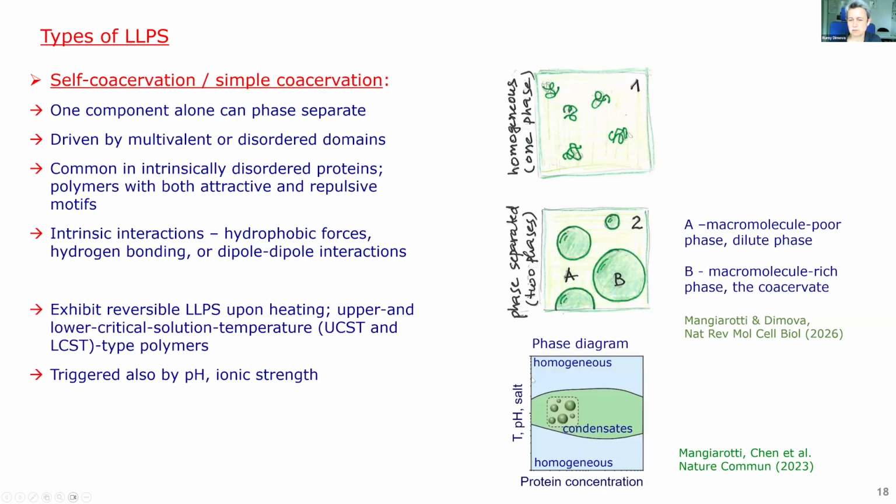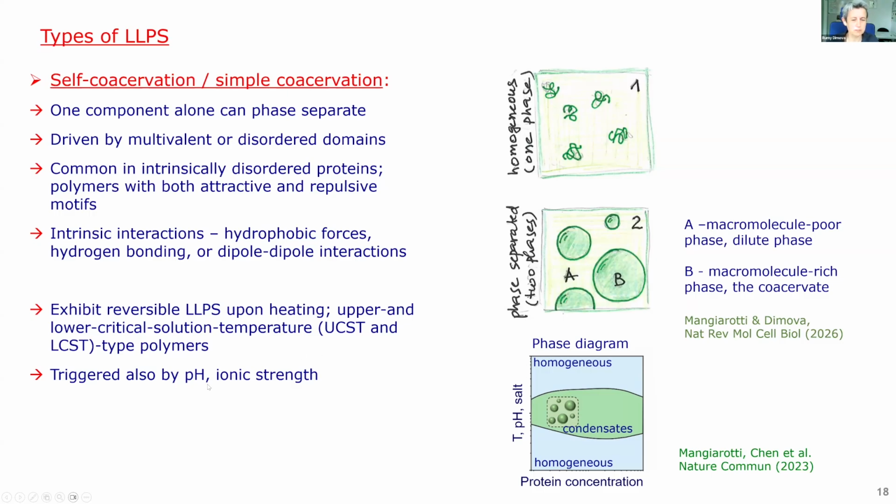The phase diagram can look like this. You have an upper miscibility point and a lower miscibility point, and it's also called a reentrant phase, where at high salt concentration and low salt concentration you have homogeneous phases, but in between you have this condensate formation.